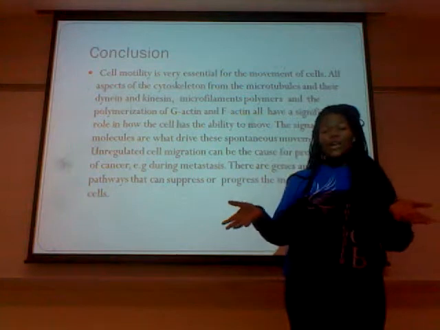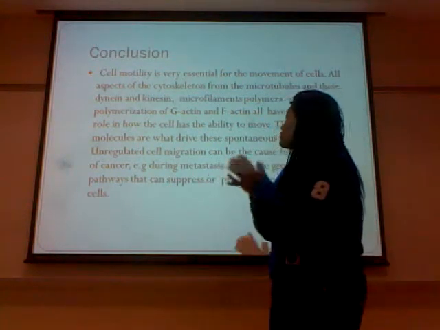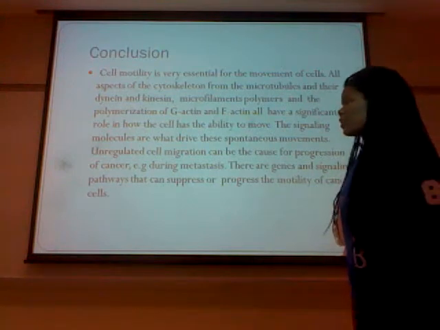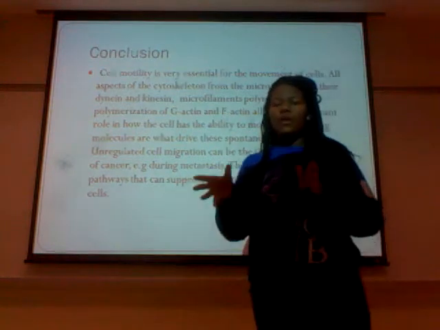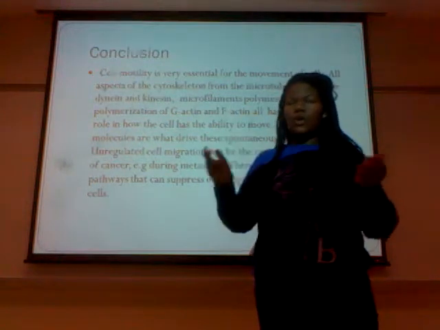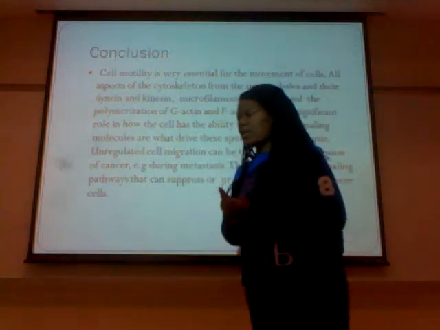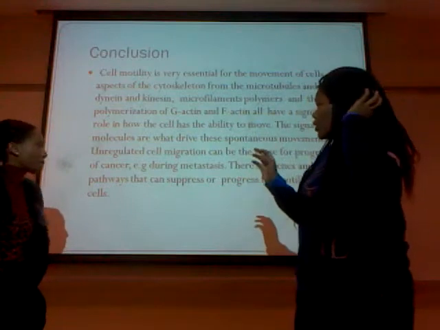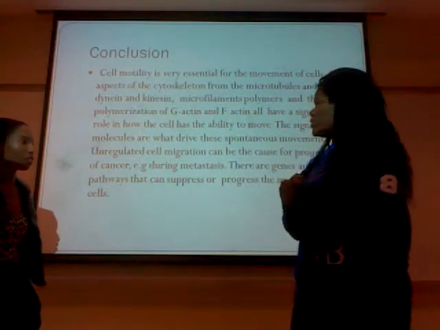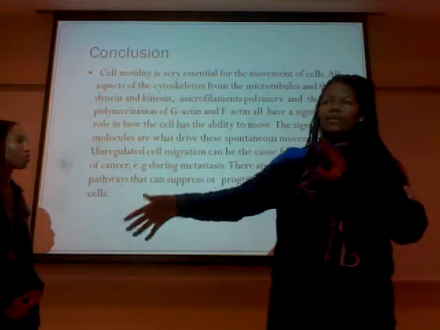To conclude, cell motility is very essential for the movement of cells, for normal cells, but when cancer comes into play, those genes, like tumor suppressor genes and oncogenes, are expressed and not able to be cut off, causing cancer to be a very invasive and dangerous disease that proliferates and migrates through the body.